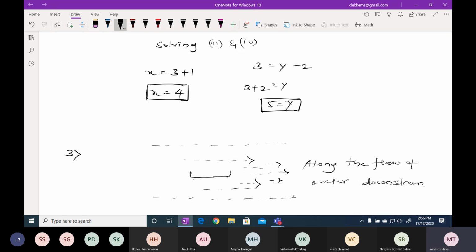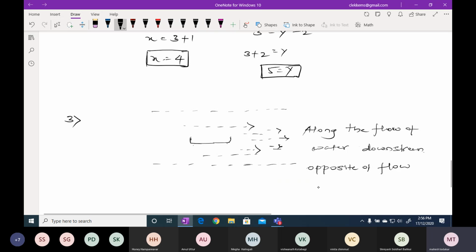Okay, along the flow of water is downstream. Opposite of flow, that will be called upstream.